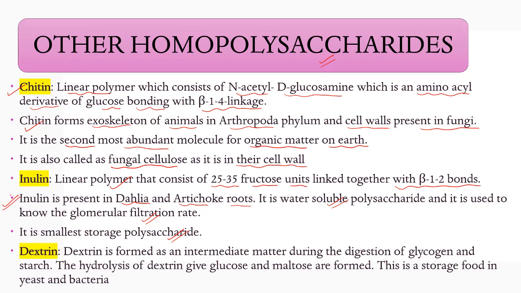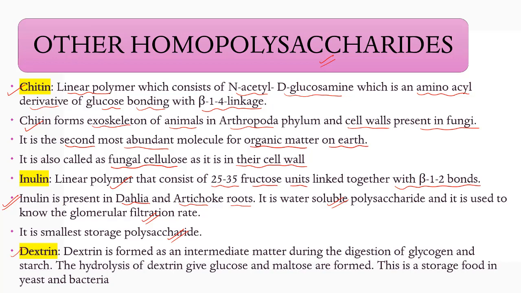It has 25 to 35 fructose units joined by beta 1,2 glycosidic linkage. Chitin has beta 1,4 glycosidic linkage of glucose, inulin has beta 1,2 glycosidic linkage of fructose. It is present in dahlia and artichoke roots.